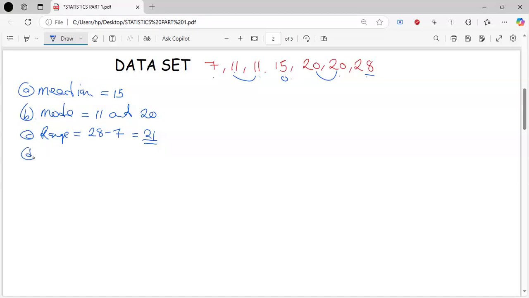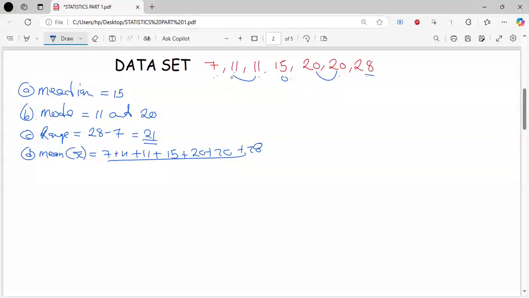What about the mean? The mean is adding up the values, then dividing by the number of values, and it is presented by the x-bar symbol. So we add 7 plus 11 plus 11 plus 15 plus 20 plus 20 plus 28, then divide by the number of values.